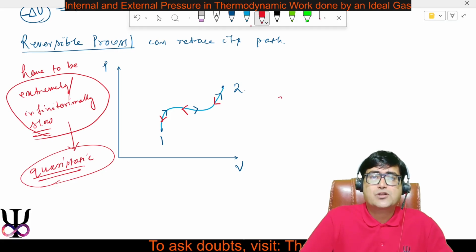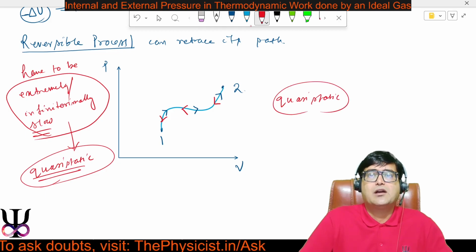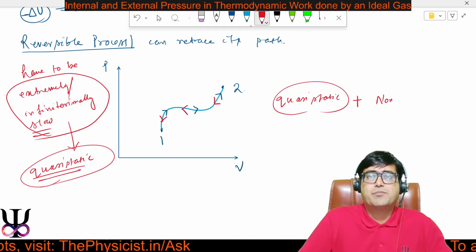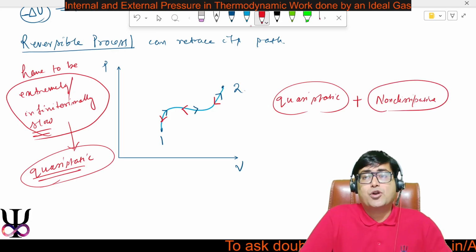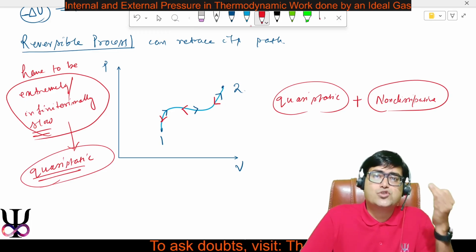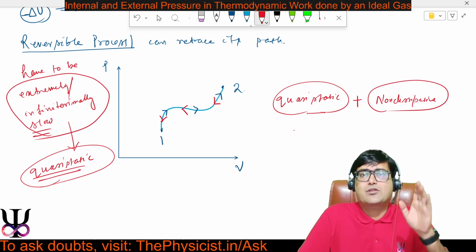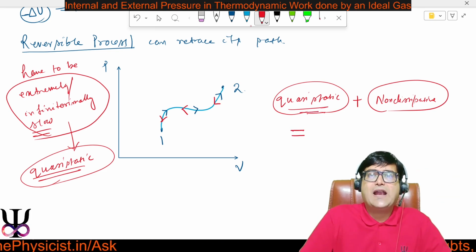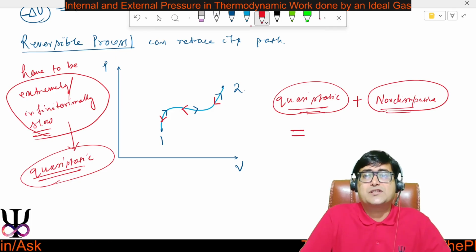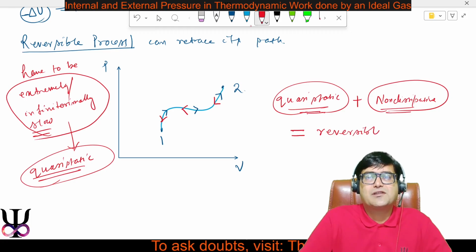Because reversible means the process is quasi-static plus non-dissipative. Non-dissipative means you are not losing energy due to dissipative forces, or gaining energy due to dissipative processes. When you add the two conditions, quasi-static and non-dissipative, it becomes reversible.